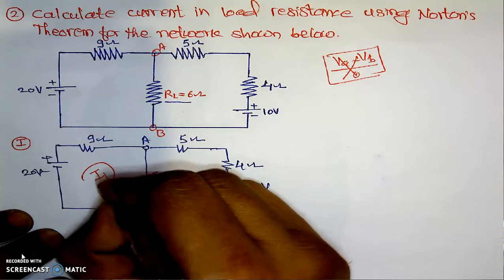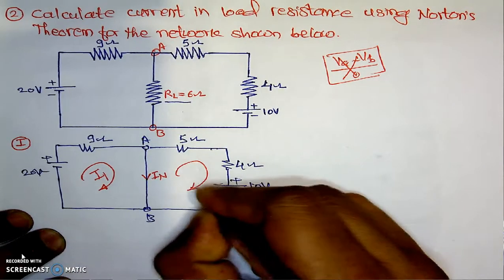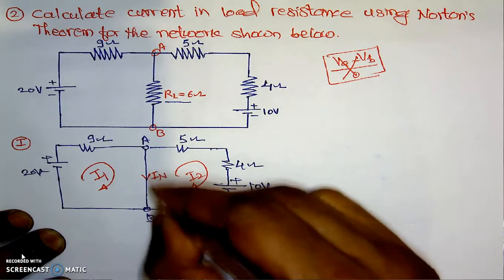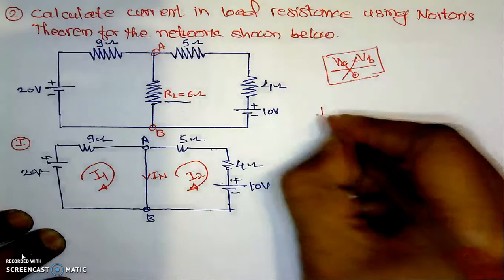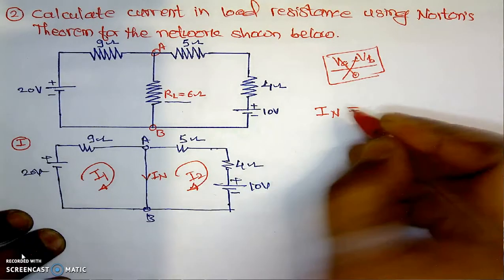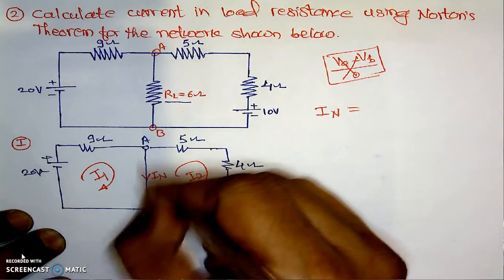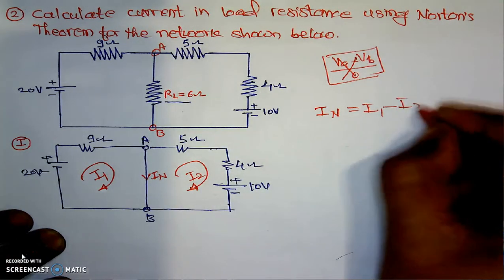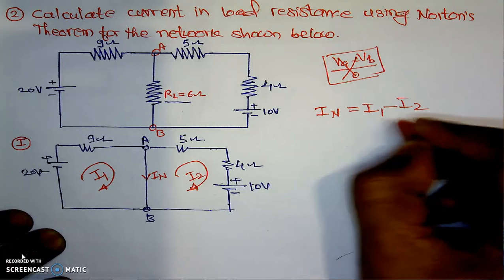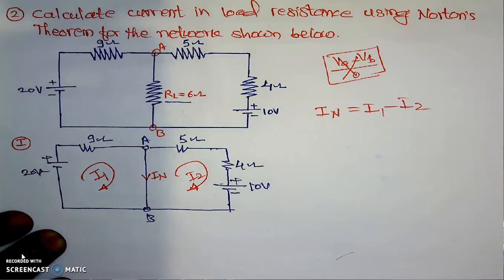This is current I1, here this current is I2, and this common branch current is the Norton's current. If I am preparing the formula for the Norton's current IN, which is A to B, then the A to B current is I1, so its equation will be I1 minus I2. First we need to calculate I1 and I2. We can use the mesh analysis also.